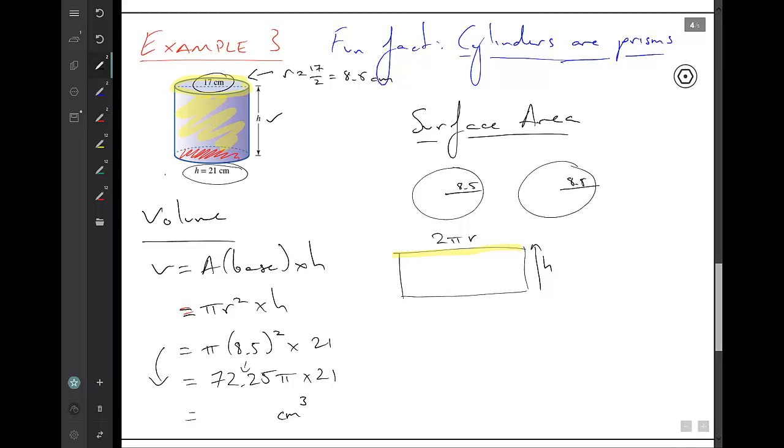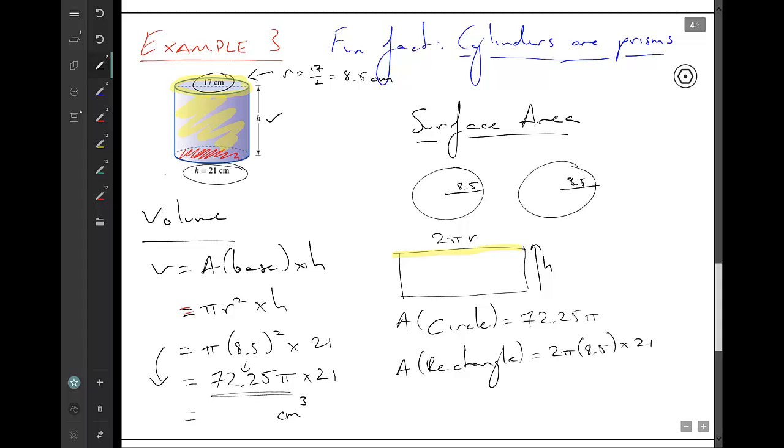Okay, so we need to work out the area of each of these. We start with the area of the circle. Well, we already worked it out. It was 72.25 pi. And then the area of the rectangle, you can still use C1 and R1 here. I'm just doing it a bit longer way this time. So the area of the rectangle is 2 pi r, which is 2 pi times 8.5 times 21, which was h.